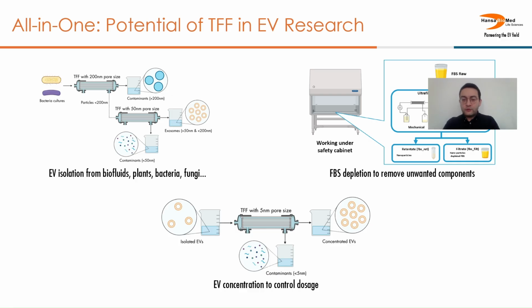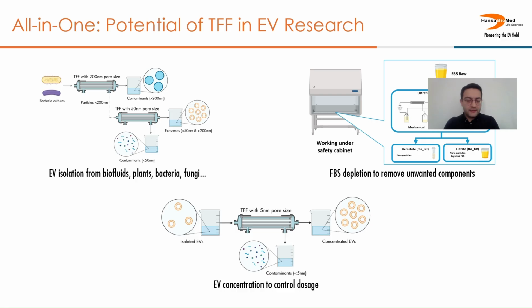On top right, you can see that it can also be used to deplete FBS to remove unwanted components, after which you can use this depleted FBS in your cell culture work. And this is a critical advantage, especially if you consider the much higher cost of depleted FBS compared to undepleted one in the market.